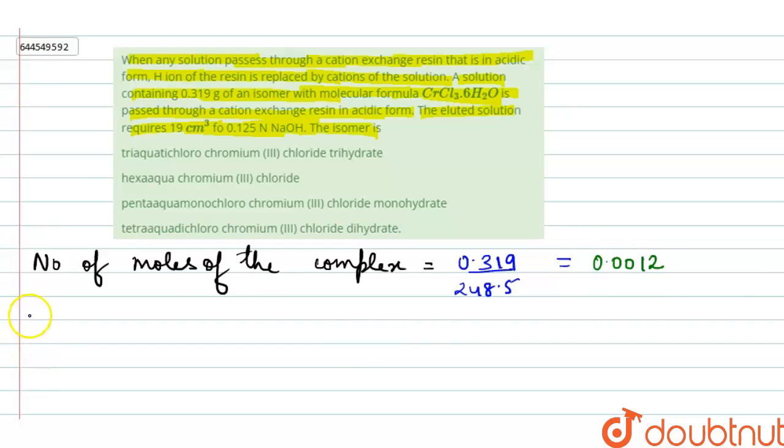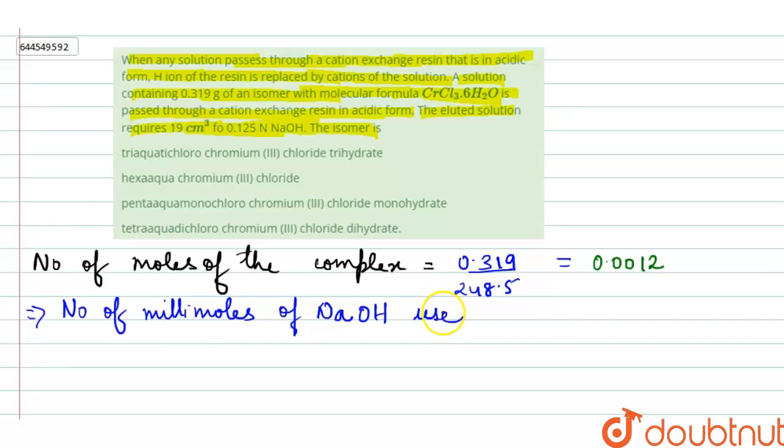And in the next step what we will do, here we will find out number of millimoles of NaOH used. So we will see how to find out this.